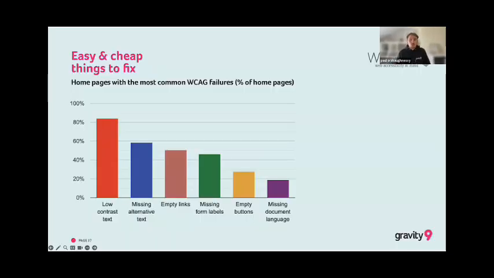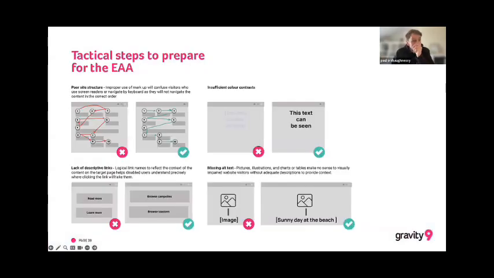So here we have a throwback to what we saw earlier: the six common issues, errors that showed up with the WebAIM study. And again, this is a good thing because they're very easy to design for and ensure that they aren't a problem. This is a snapshot of the EAA action pack that we're putting together for you guys.